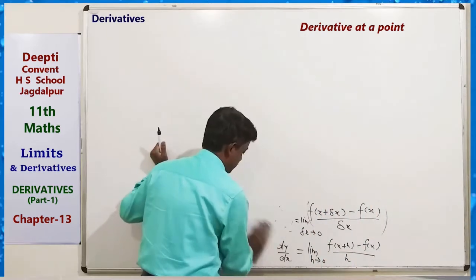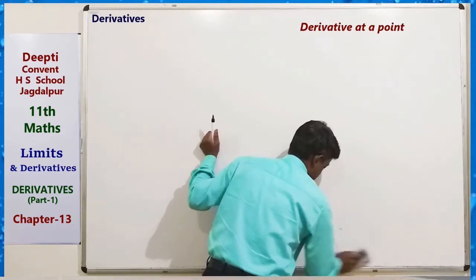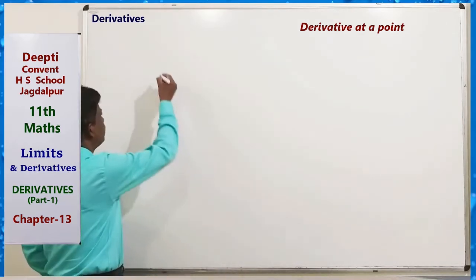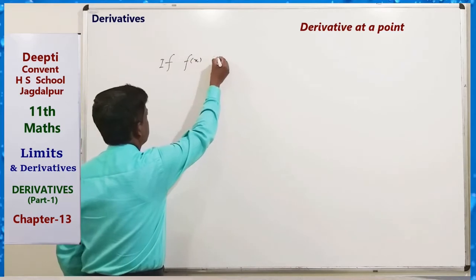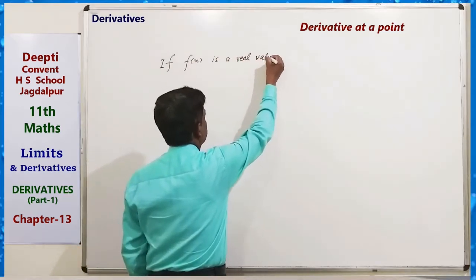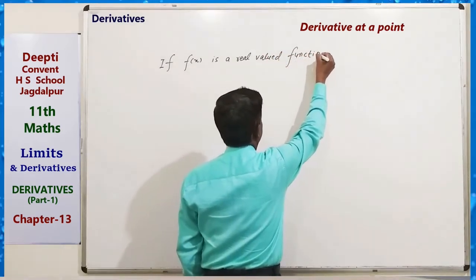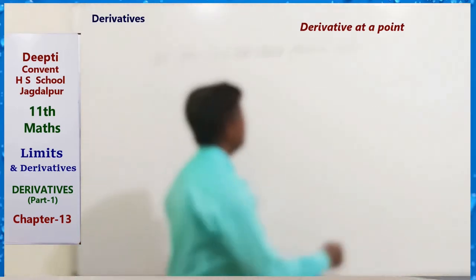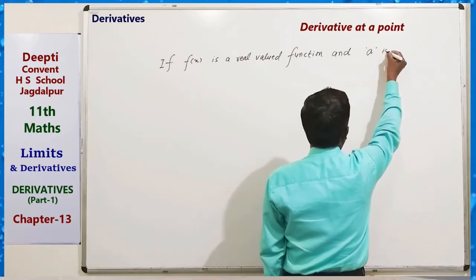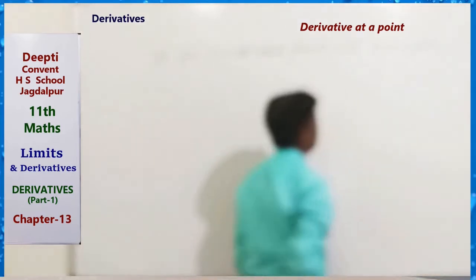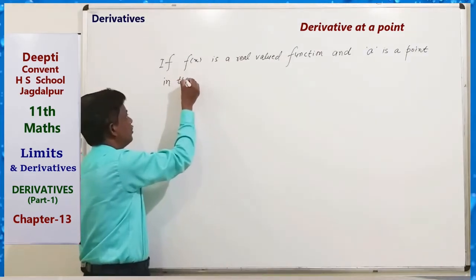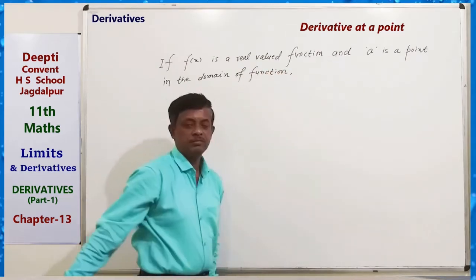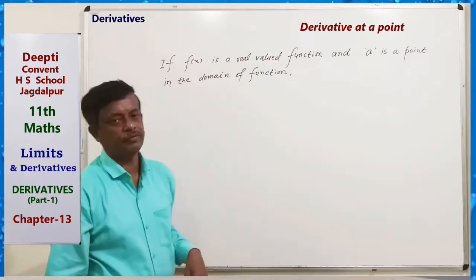Just see. If f(x) is a real valued function, and suppose a is a point in the domain of the function, because whenever a function is defined, there is a domain of that function.